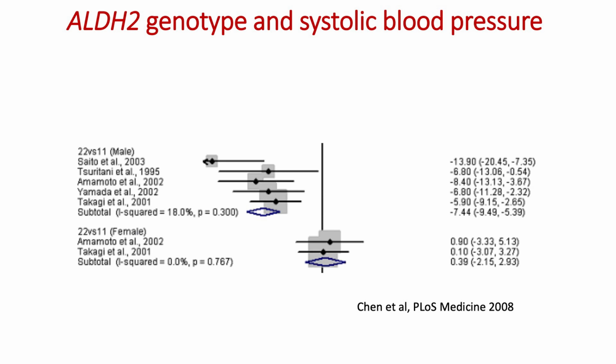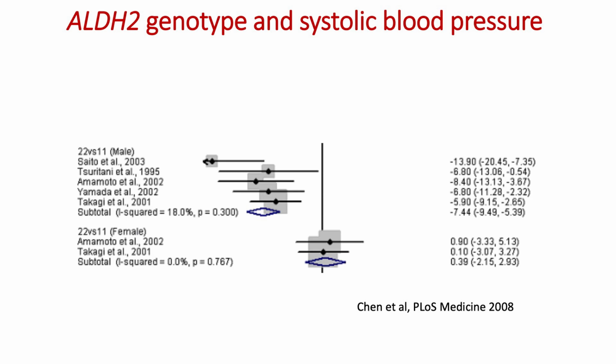Okay, so now we're going to put alcohol to one side for a minute, and we're going to look at this genetic variant that we know is a good predictor of drinking in men, and we're going to see if it predicts blood pressure. And here's a meta-analysis of several studies looking at hundreds of people altogether in men, and showing that if you have the genetic variant that means that you have the buildup of acetaldehyde, then your blood pressure is lower.